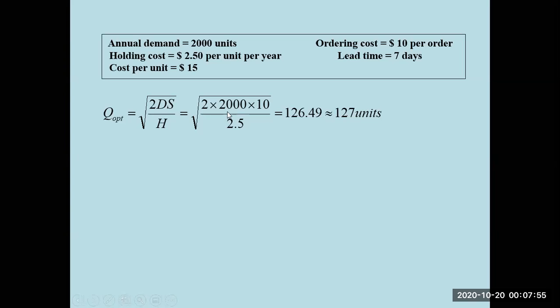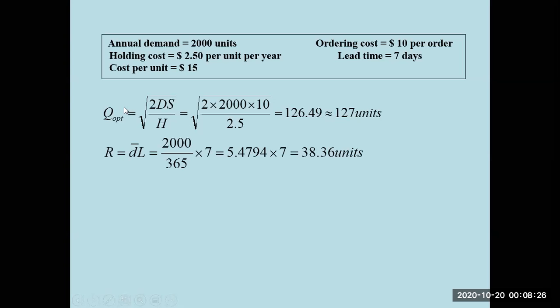So 2 times 2,000 times 10 order cost divided by 2.5 holding cost equals 126.49. Always round up, even if it's just point one after the decimal point, still round up.